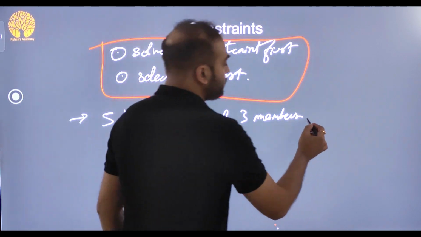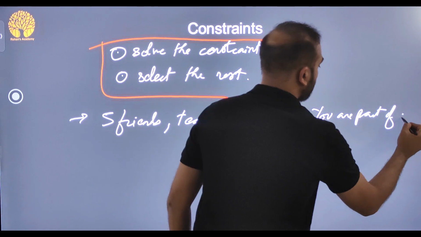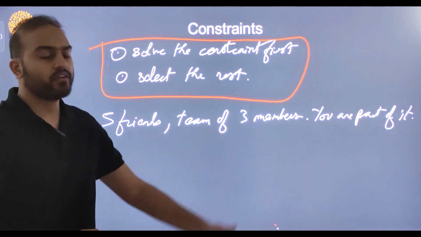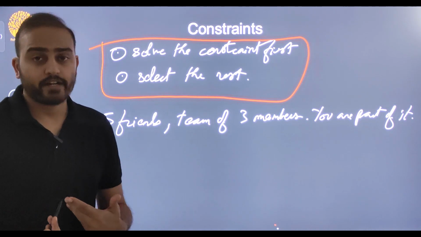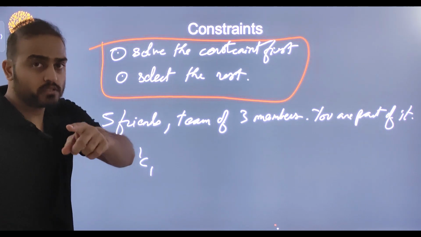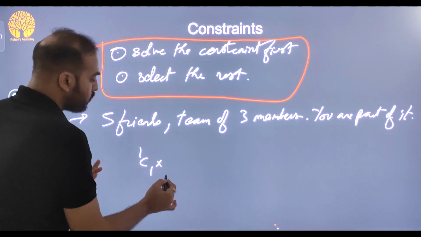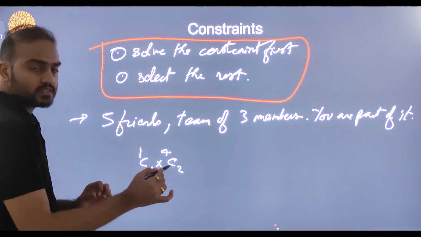So you have selected yourself, so that's the constraint which is over. One person selected for one position, so one person, one position gone. What is left? 4 friends are left, 2 positions are left.